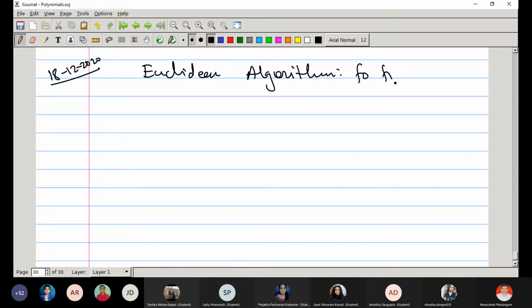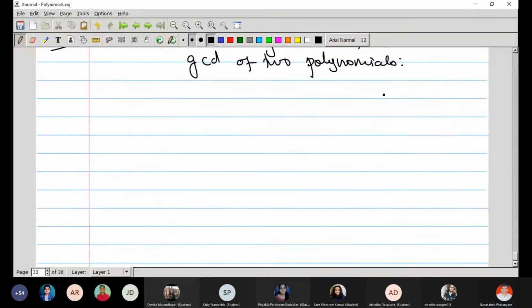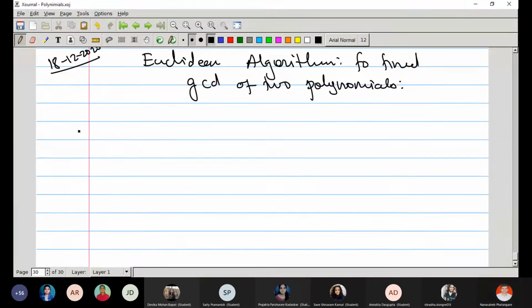And what is the procedure? Find GCD. And it is exactly similar to the Euclidean algorithm to find GCD. So we'll see examples so that you can understand.